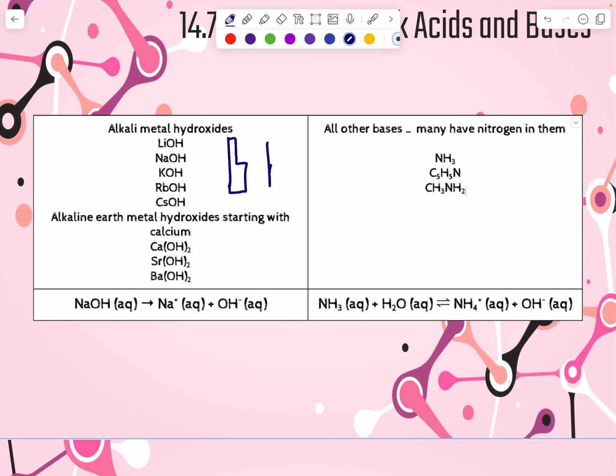I kind of think of how it looks on the periodic table, and it sort of makes a B for base. Weak bases, ammonia is the most common one, but these other ones are good examples too, but notice they all have nitrogen in them. Nitrogen often is in weak bases. And again here, you see the arrow fully to the right for completely dissociated, and then the equilibrium back and forth arrow for weak bases.